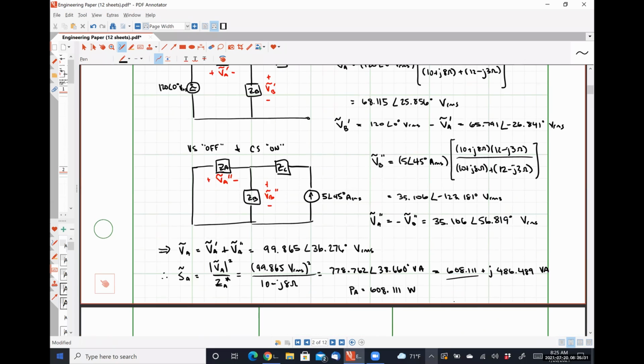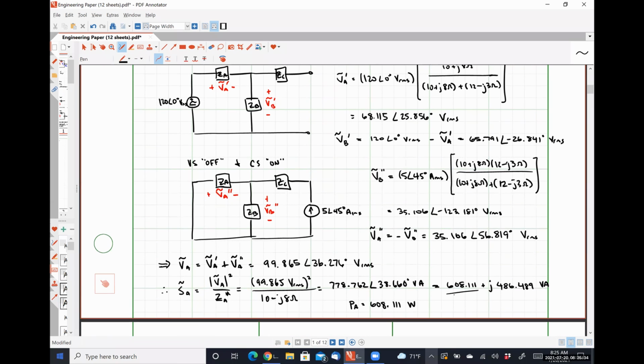Let's see, what do we have here? 65.791 with an angle of negative 26.841, plus 35.106 with an angle of negative 123.181.